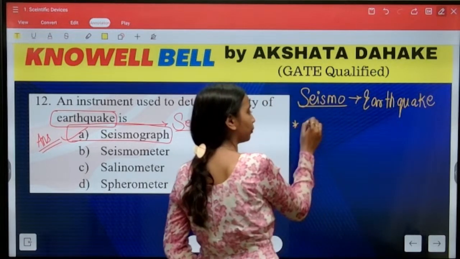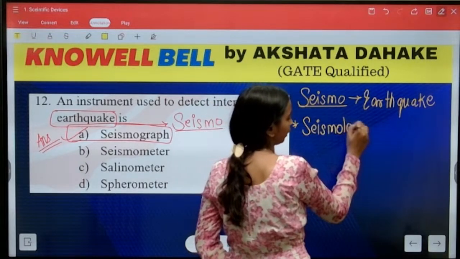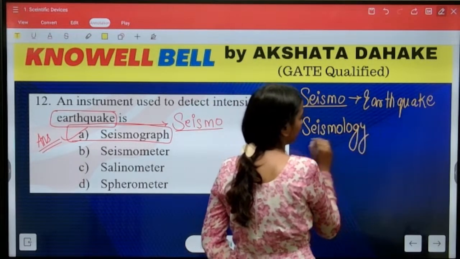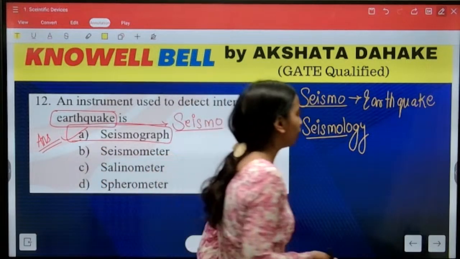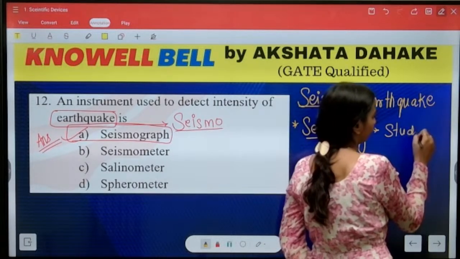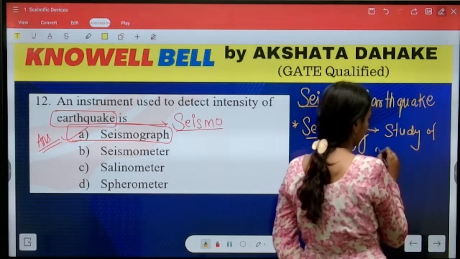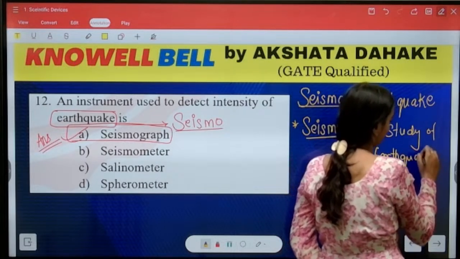तो एक और term को commonly study करते हैं, that is seismology. One more term that is very commonly studied, you will very commonly encounter, is called seismology. What is the meaning of seismology? Seismology is the study of earthquakes.